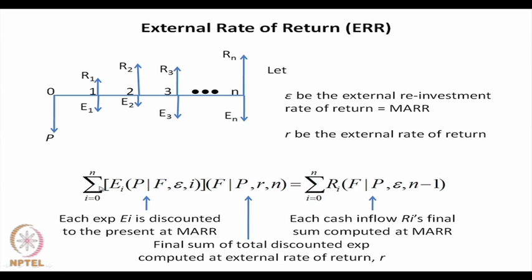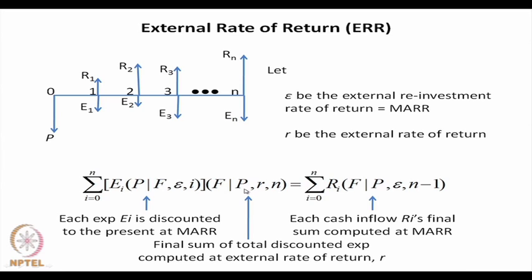Then this whole amount, which is considered the present, is taken to find out the compound amount here, F given P comma r comma n. So, this is the final sum of total discounted expenses computed at external rate of return r.